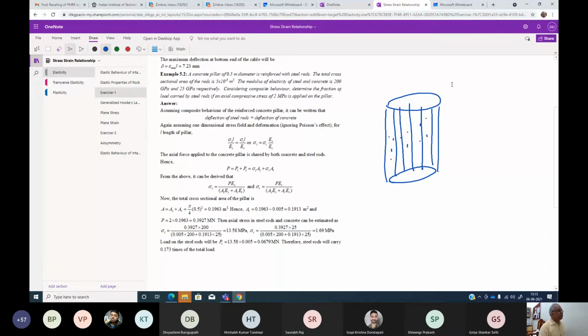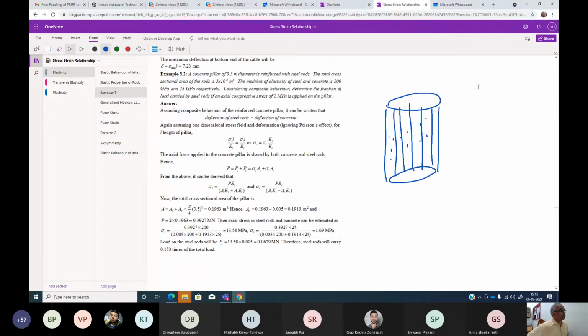Inside here is all concrete, and there are some steel rods. The total cross-sectional area of the rods is given, which is 5 into 10 to the power minus 3, it should be meter square, not meter to the power 5. The modulus of elasticity of steel and concrete are given. Steel is 200 gigapascal and concrete is 25 gigapascal.